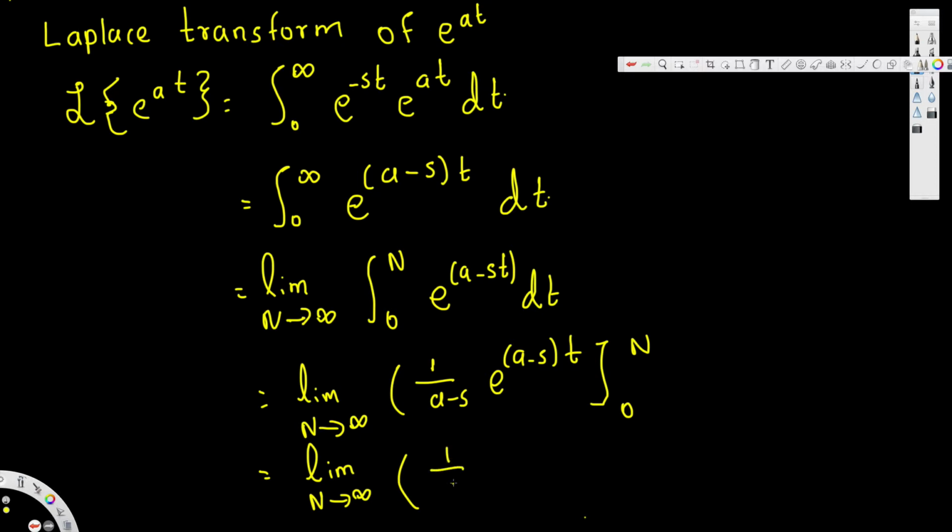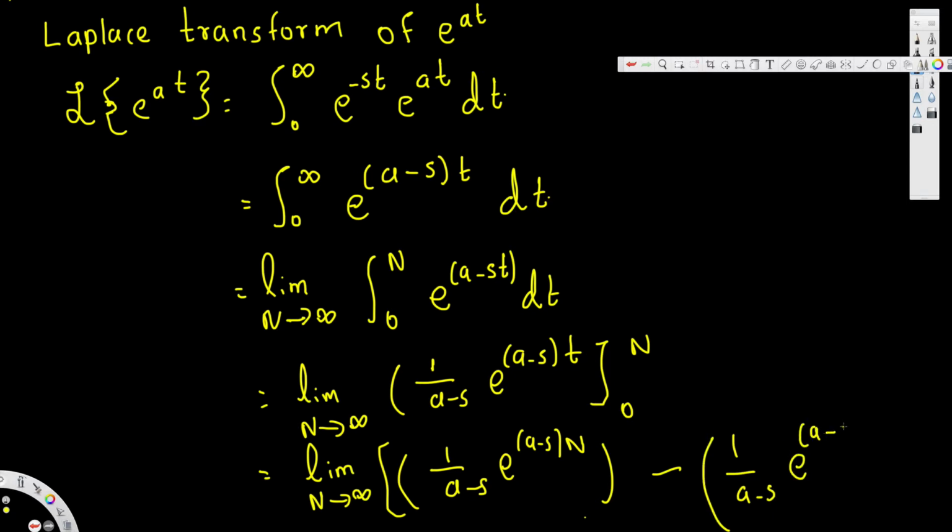So 1 over a minus s e power a minus s times n, the first limit right here, then minus, I put the other one, that is 0. 1 over a minus s e power a minus s times 0.